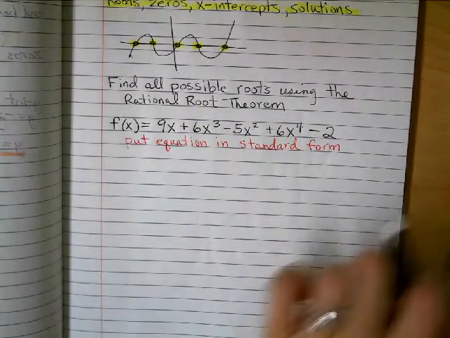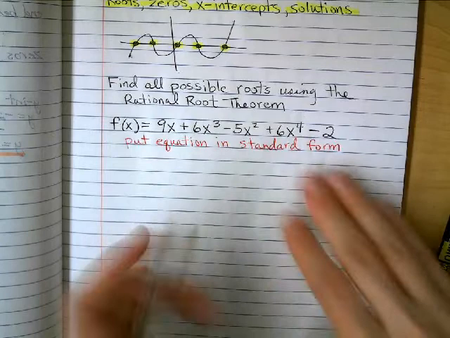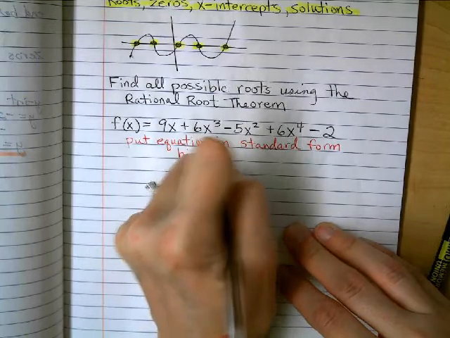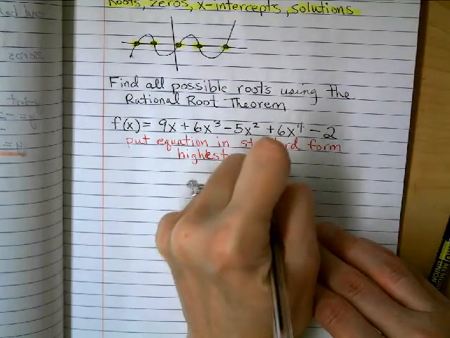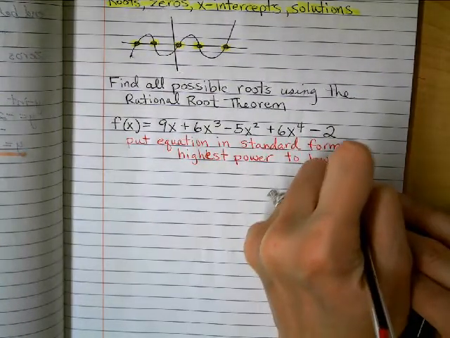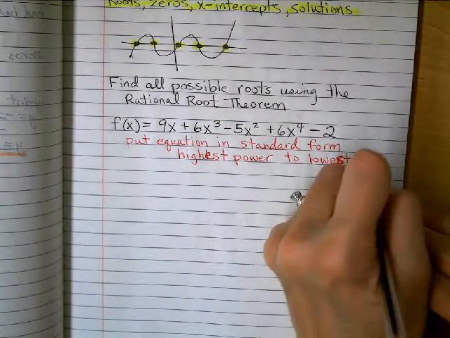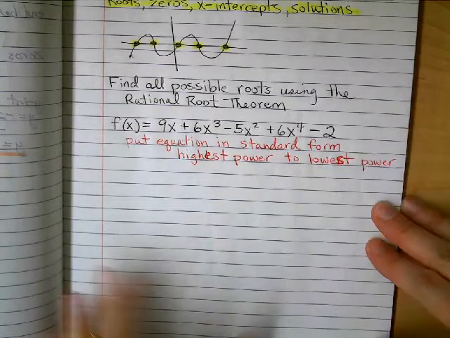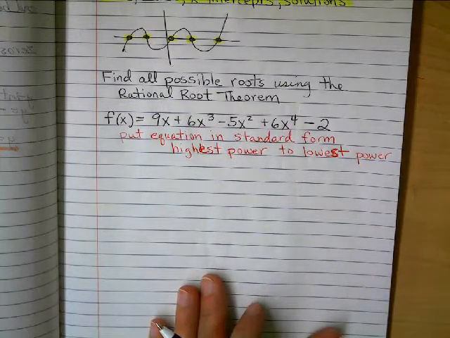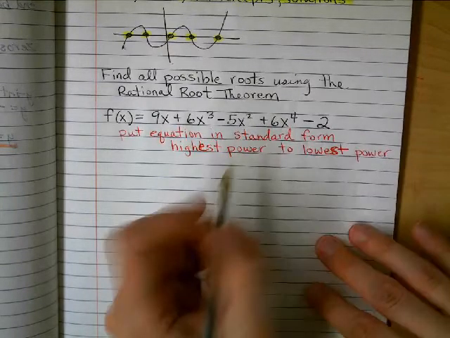When you want a polynomial function in standard form, you take the highest power in the problem and put that first, and then go down from there to the lowest. So you look at your exponents and put the problem in order from the highest power to the lowest power.